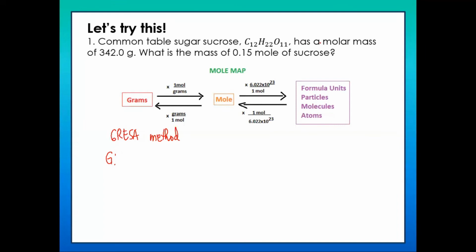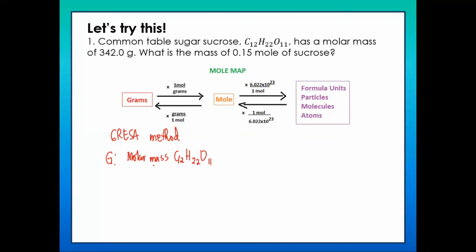So from the problem, we have the value for the molar mass of your sucrose, which is your C sub 12 H sub 22 O sub 11. Molar mass simply because sucrose, this compound, is known to be a covalent compound.